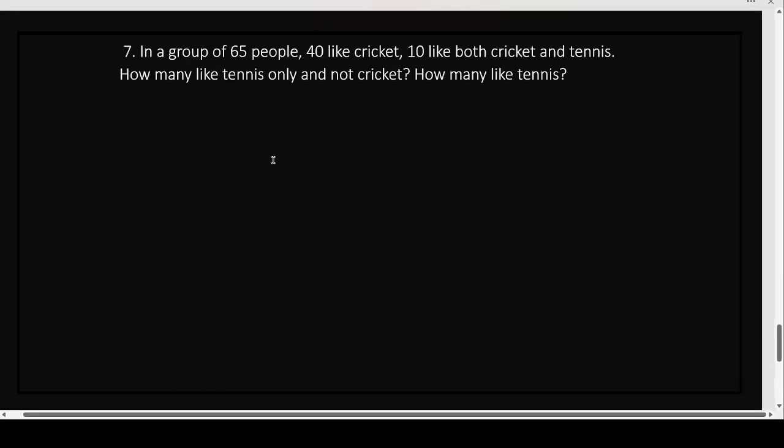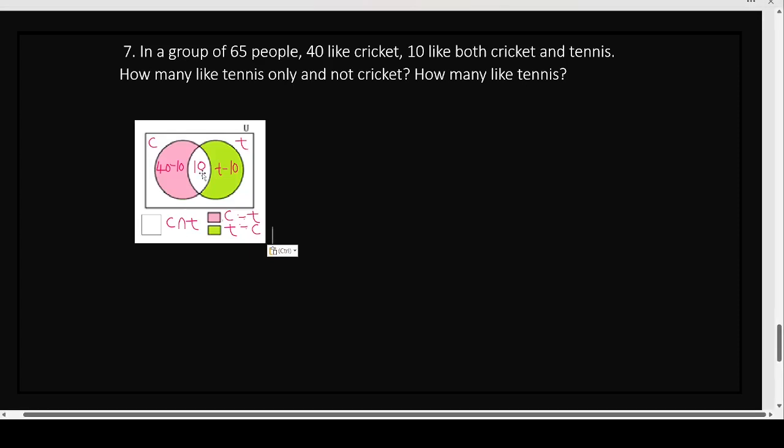The next question is: in a group of 65 people, 40 like cricket, 10 like both cricket and tennis. How many people like tennis only and not cricket? How many people like tennis? There are two parts to the question. Let's see. I will first draw the Venn diagram for this. This 10 is the intersection of C and T. They like both cricket and tennis.